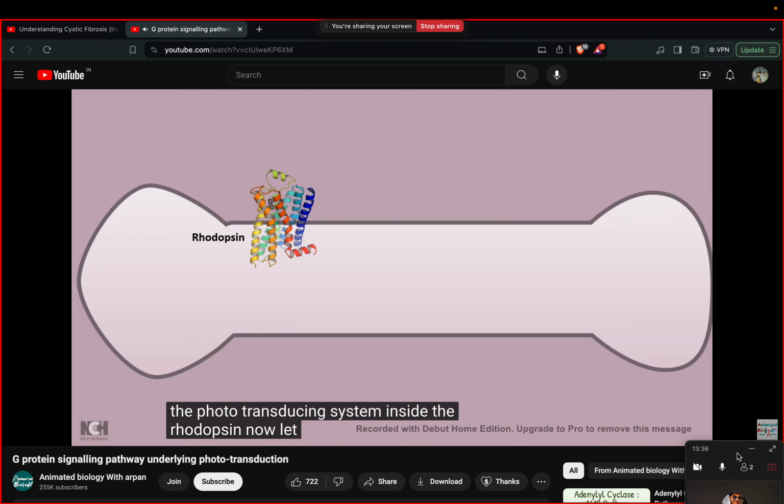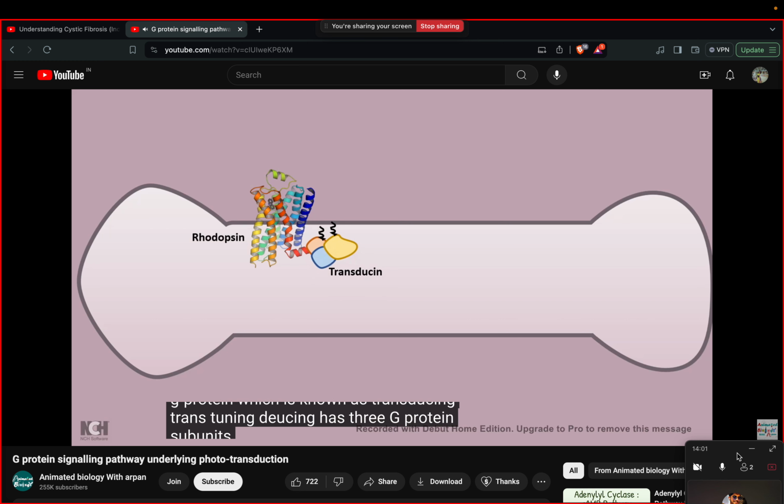Now, let us look at the signaling transduction mechanism in bit more details. So rhodopsin, as it's a G protein coupled receptor, it's a 7 transmembrane domain coupled receptor, and it has like 7 transmembrane domains. Now rhodopsin is generally coupled with a G protein, a trimeric G protein, which is known as transducin. Transducin has 3 G protein subunits, alpha, beta, and gamma, just like a GS signaling regime.